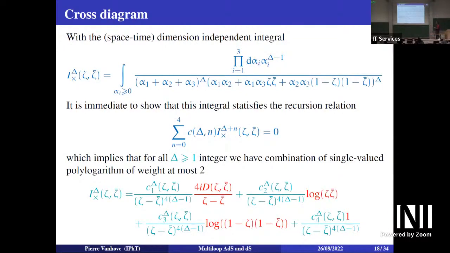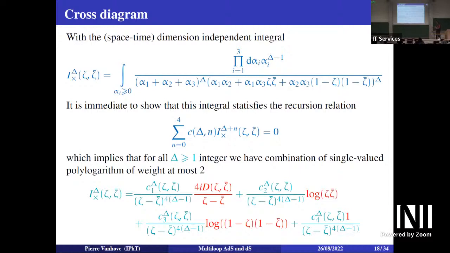Okay. It's a two-line computation, using creative telescoping, to show that this integral satisfies this recursion relation: the sum from n equals 0 to m of some coefficient, a polynomial in delta, times I of delta plus n, equals 0.